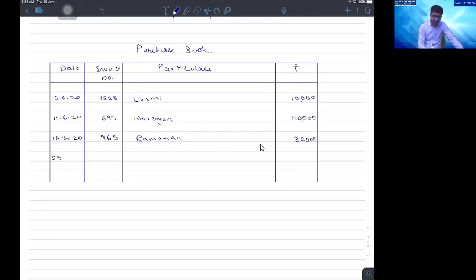On 25th of June 2020, that is today, against the invoice number 688, we made a purchase from Gyanam of 28,000. All right. My total purchases being rupees 1,20,000.